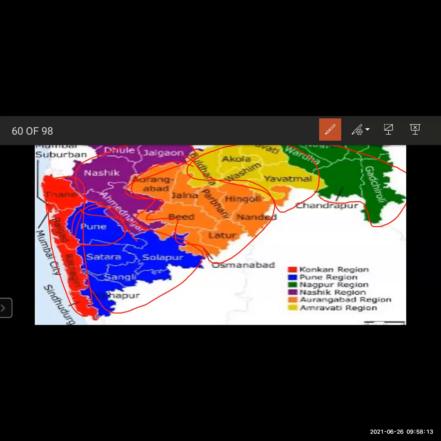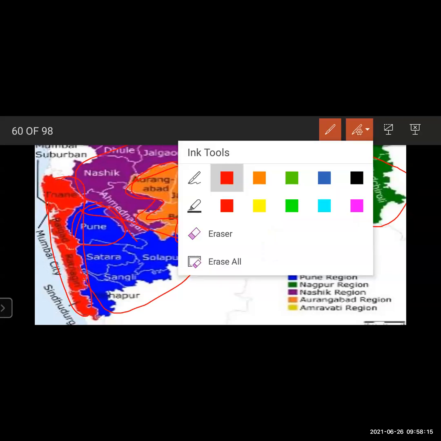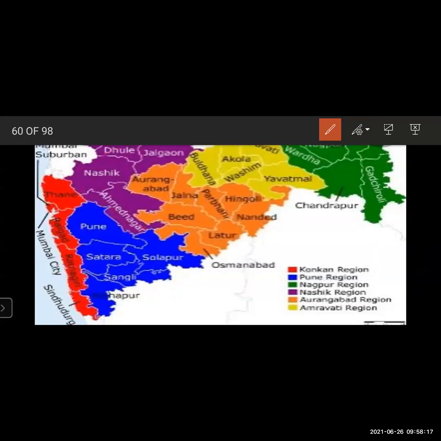So from where are we moving? We are moving from Osmanabad to Solapur. Here, students will take a halt. They will have their breakfast, and from here they will move to Pune. From Pune, they will take a left turn. See, this is a left turn.